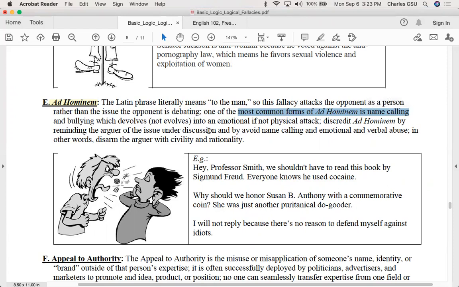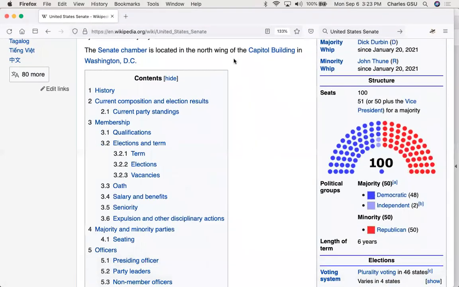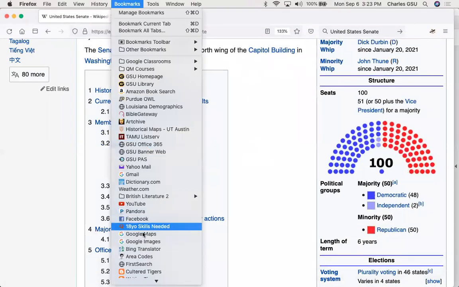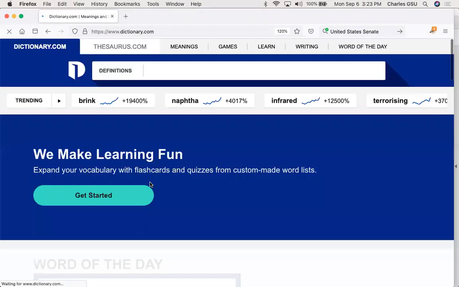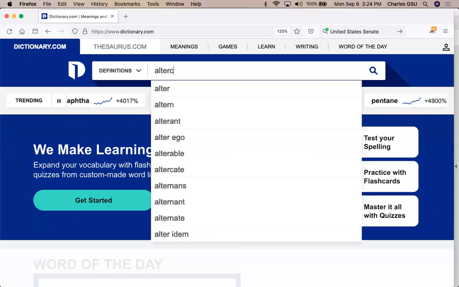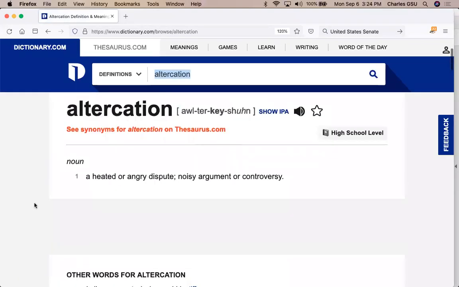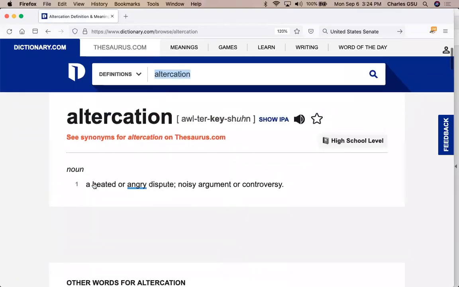So when people are standing outside at 3 o'clock in the morning in the front yard, yelling at each other, quite literally yelling at each other, they're no longer having an argument in the proper sense of the word. They're having what is called an altercation, right? So that's a heated or angry dispute.